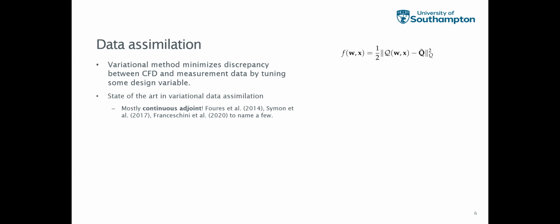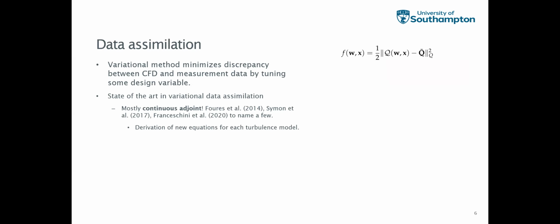But in the data assimilation community, most of the work started with the continuous adjoint. The seminal work by Foures, for example, in 2014, started off with the continuous adjoint formulation, which in fact is still used to date. So it was quite a remarkable thing back in 2014. But of course, now we are looking at more complex cases. So the question still remains: is the continuous adjoint really the way to go forward?